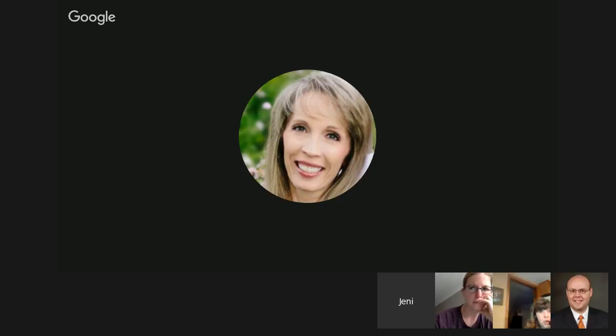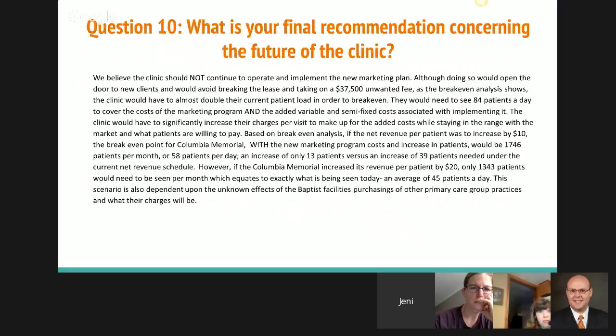Although doing so would open the door to new clients and would avoid breaking the lease and taking on a $37,500 unwanted fee, as the break-even analysis shows, the clinic would have to almost double their current patient load in order to break even. They would need to see 84 patients a day to cover the cost of the marketing program and the added variable and semi-fixed costs associated with implementing it.